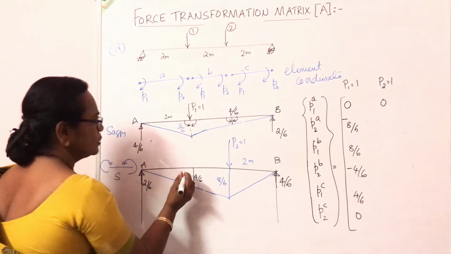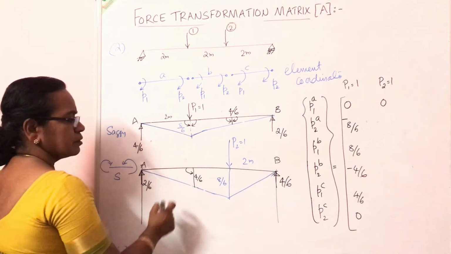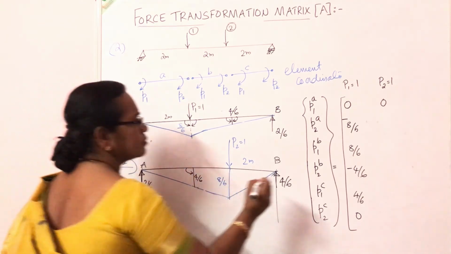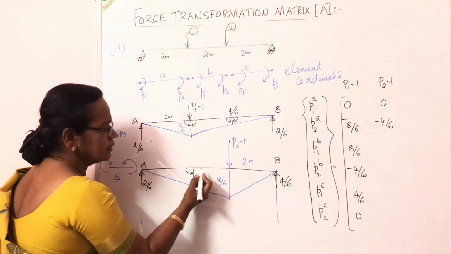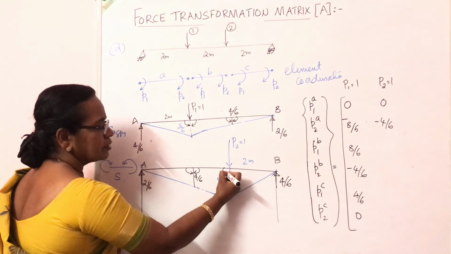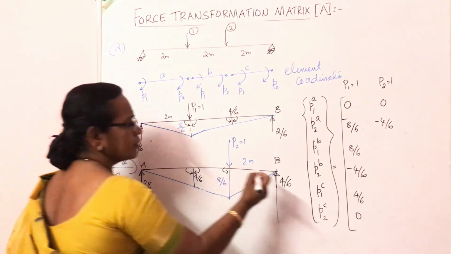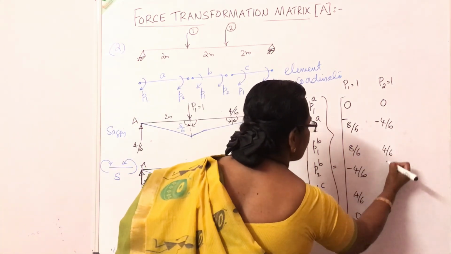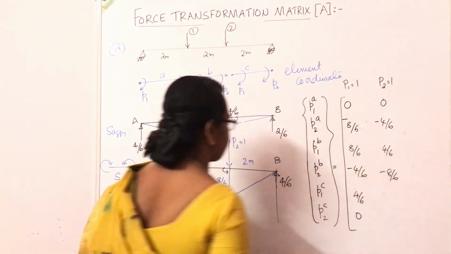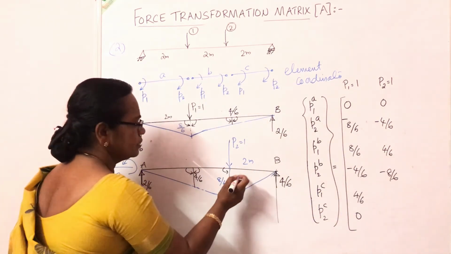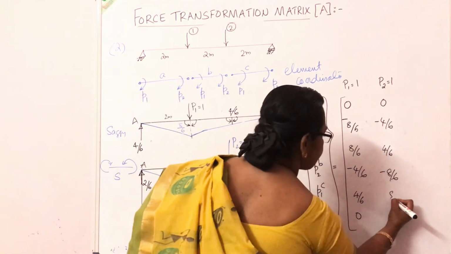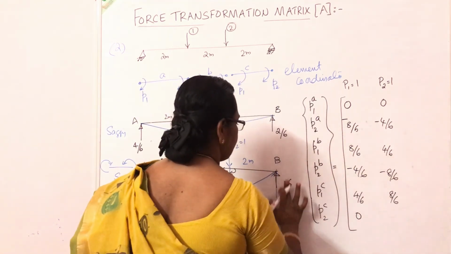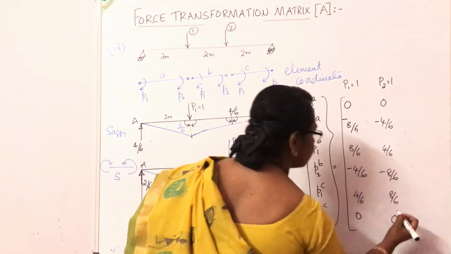At the second point, from the base, it is minus 4 by 6. For the second element, it is plus 4 by 6 and minus 8 by 6. For the third element, it is plus 8 by 6 and 0.